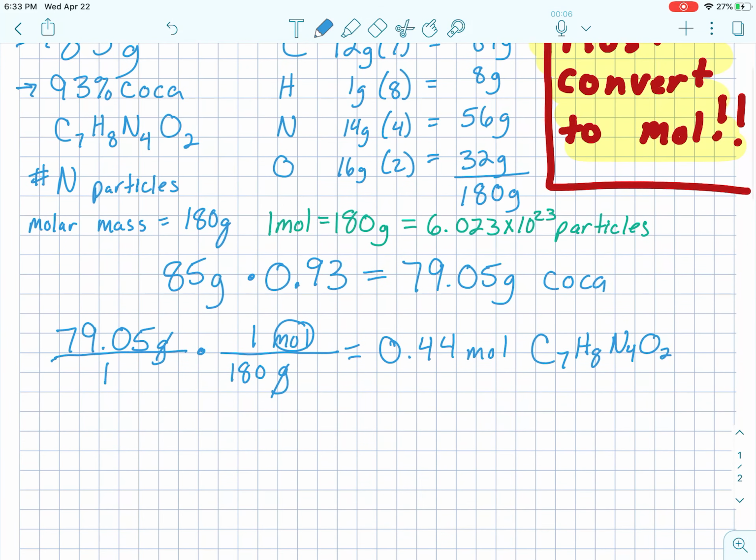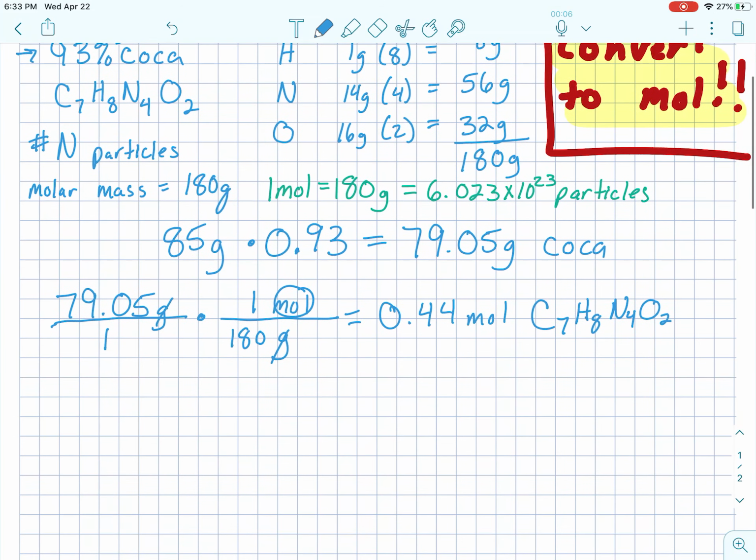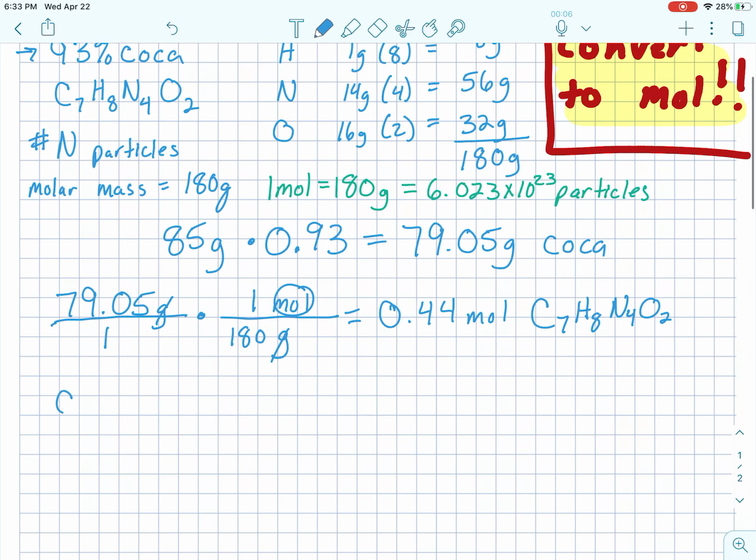Okay, so great. Now that we have moles, well, that's not going to help me. I want to figure out particles of nitrogen, but there's no way for me to figure out how many particles are in 0.44 moles of my coca. So what I need to do first is find out how many particles are in that 0.44 moles. So I'm going to take 0.44 moles over 1, because that's my given.